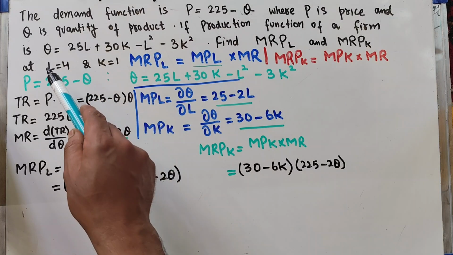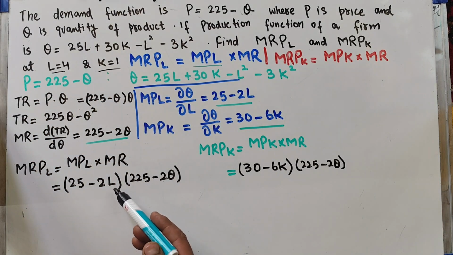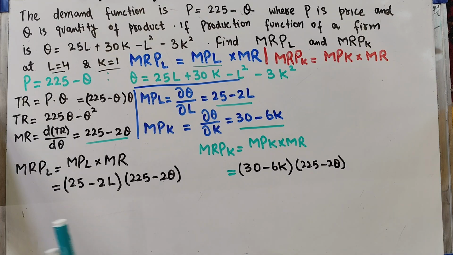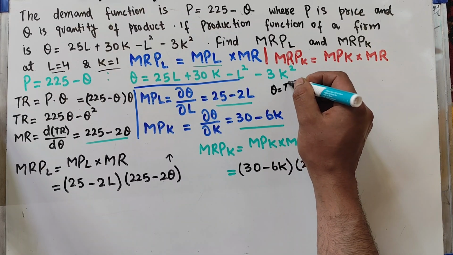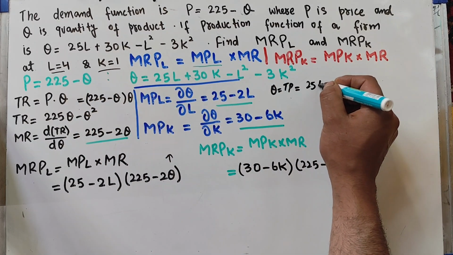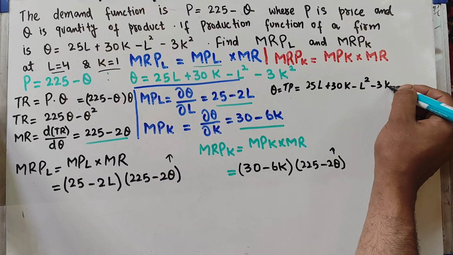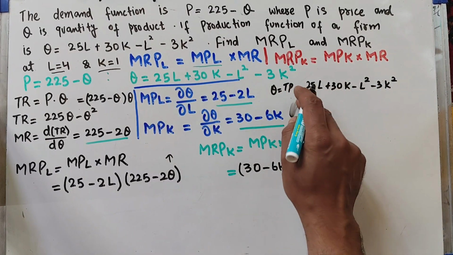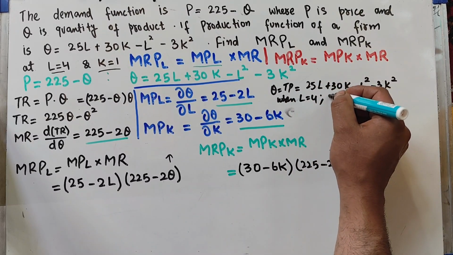Okay, we are being told to find out MRPL and MRPK when L is equal to 4 and K is equal to 1. So in place of L we write 4, in place of K we write 1. To do this, we have to find out the value of Q first. Q is our total product. So let us write the production function: 25L plus 30K minus L square minus 3K square. Let us plug in the values when L is equal to 4 and K is equal to 1.